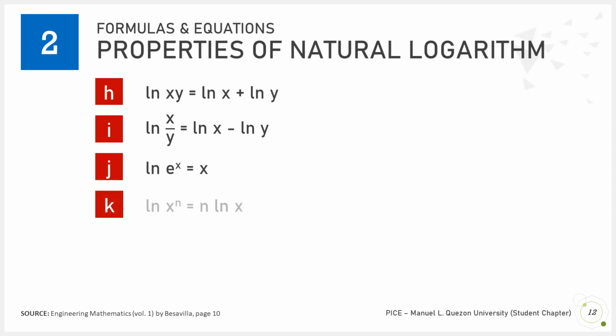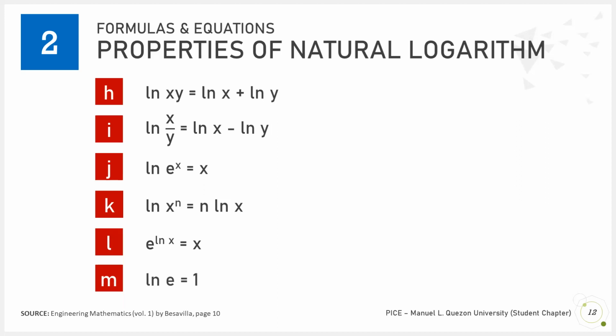For letter K, we have natural logarithm of x raised to n is equal to n multiplied by the natural logarithm of x. For letter L, e raised to the natural logarithm of x is equal to x. And last, for letter M, we have the natural logarithm of e is equal to 1.